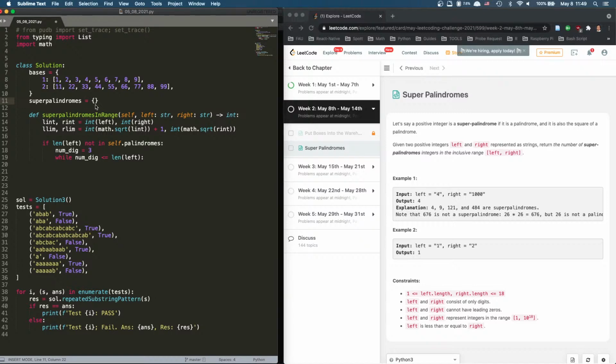And then we're going to go through the number of digits, but then the super palindrome is not going to be well populated. Interesting.